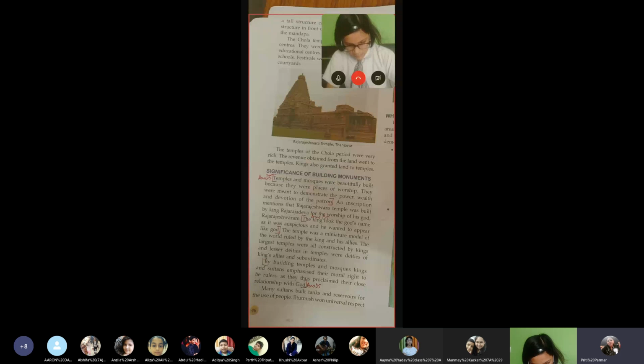Now, significance of building monuments. So, why were the monuments built? What is the significance? What is the use of building the monuments? Now let's see this. Temples and mosques were beautifully built because they were places of worship. They were meant to demonstrate the power, wealth, and devotion of the patron. Firstly, temples were built because they were places of worship.